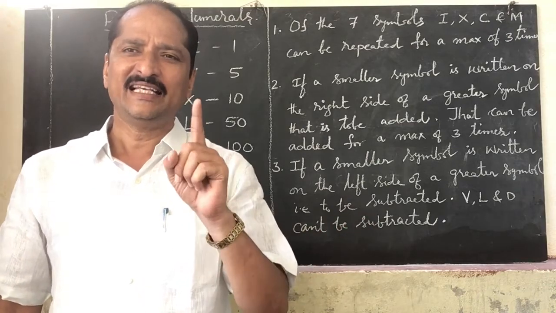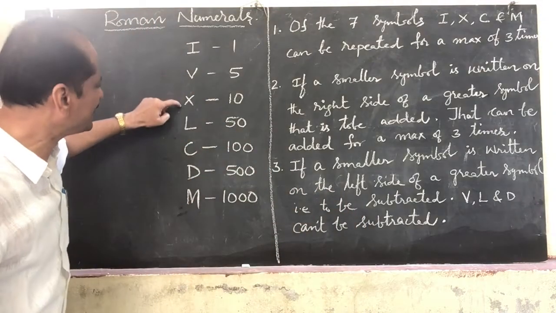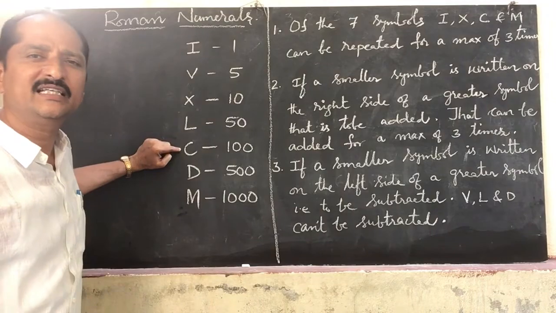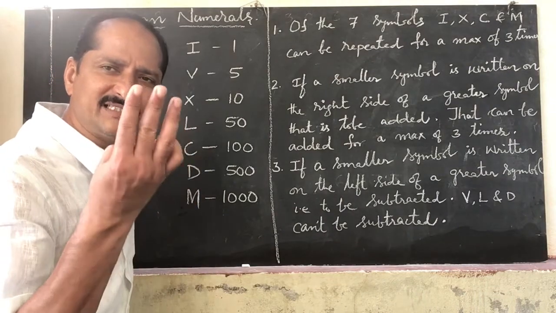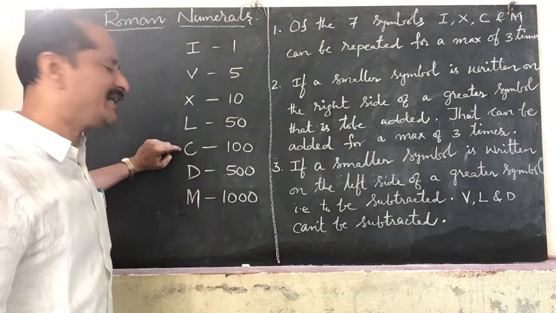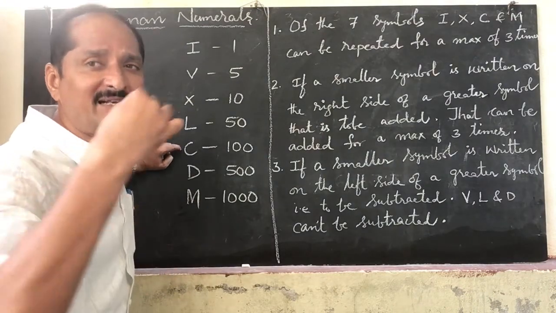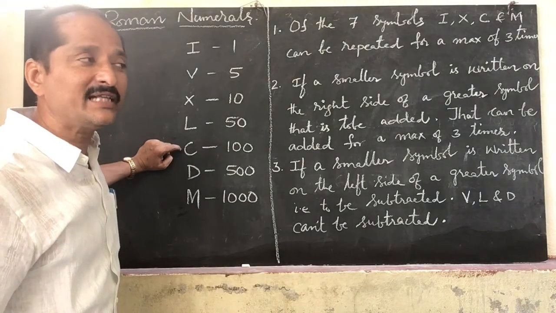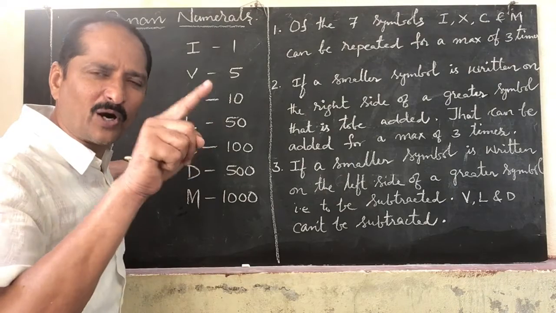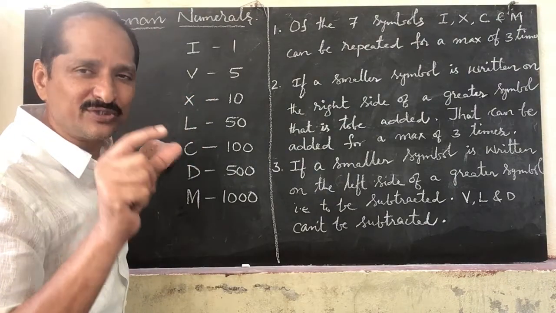I, X and C only can be subtracted. So with the help of these three rules, we can write any Roman numbers. And for example, to write the numeral which is more than 1000, write down the number and put a bar at the top of that number; it represents thousands times.